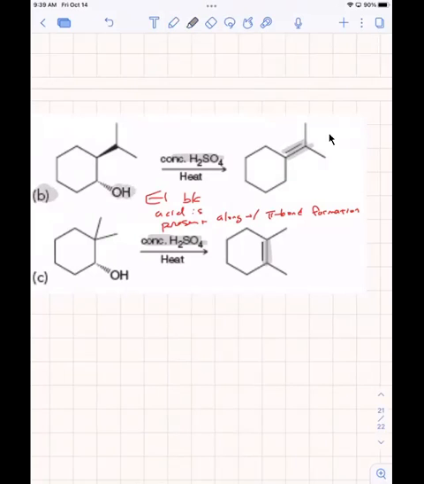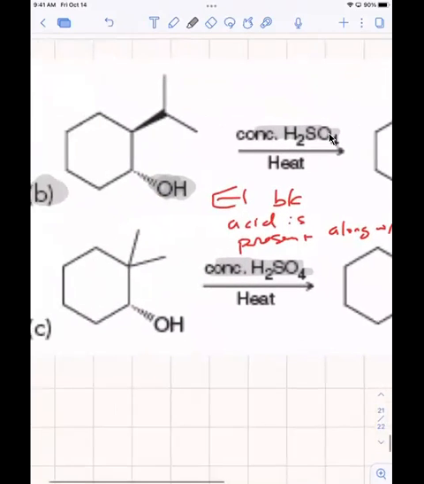It's a bad leaving group, so we have to fix it up, which we normally do by protonating it or adding something to it. And the alpha positions are the two carbons that are attached to the carbon attached to the OH, so it'll be those two that are highlighted. Yeah.